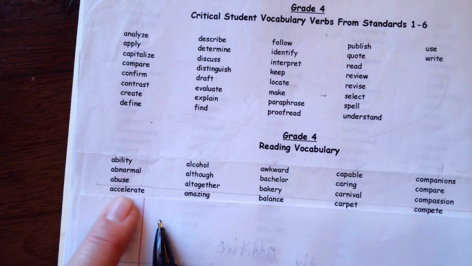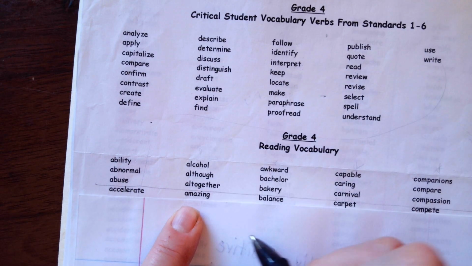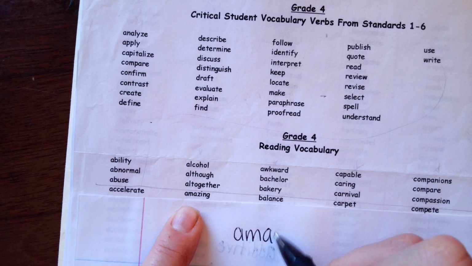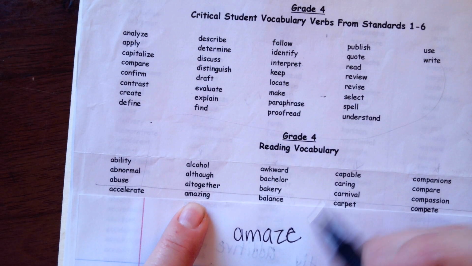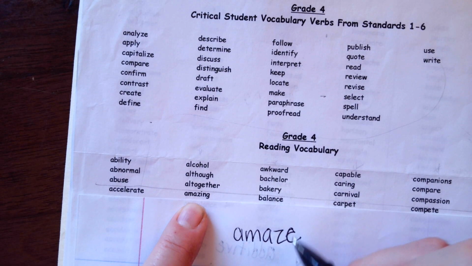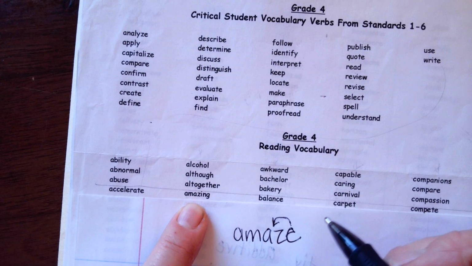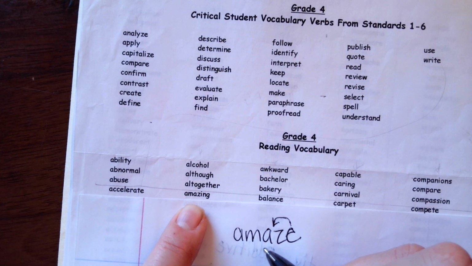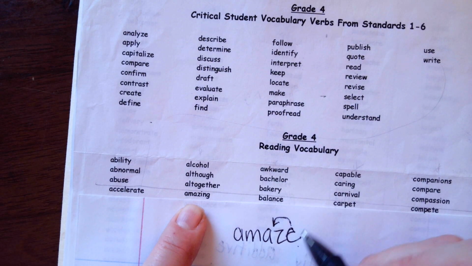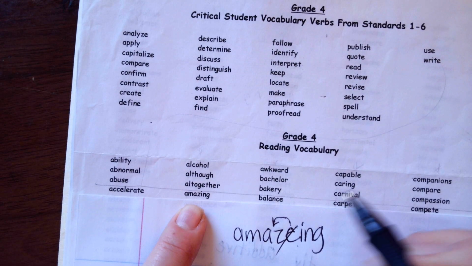Accelerate, accelerate. This one, the root word, which is the word without the ing, is amaze. This E makes this A say its name. So it's amaze, and when you put an ing, you drop the E and you add an ing. Amazing.